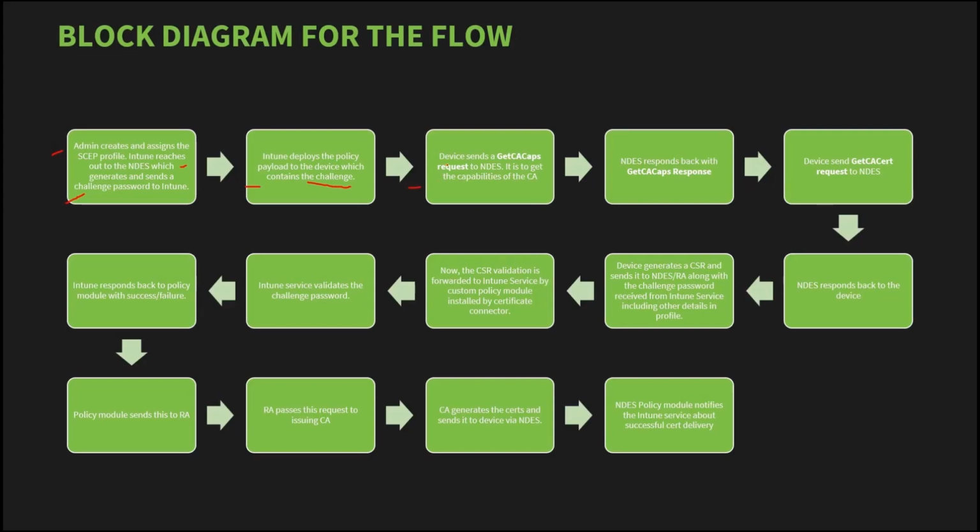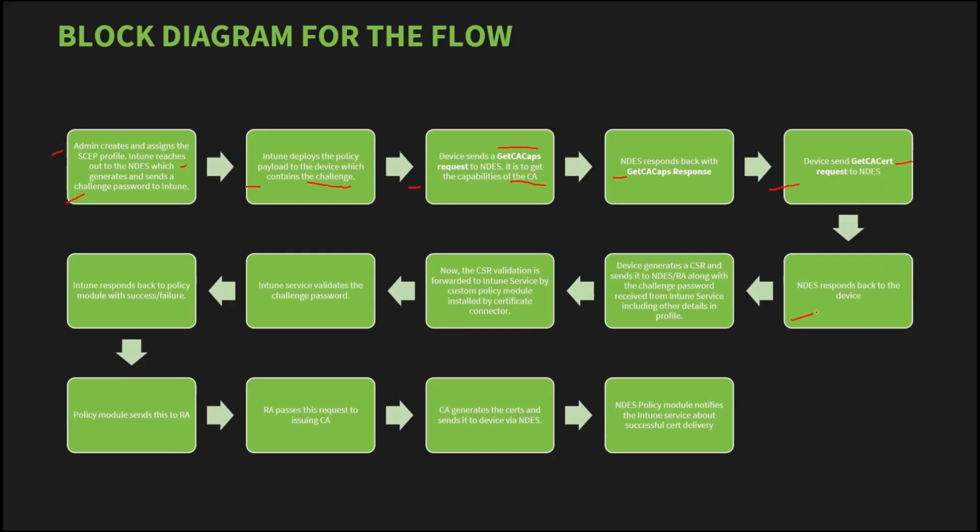The device gets the profile, and then the first thing that the device does is send a GetCACaps request to the SCEP URL which it received from the profile, and it's doing that to check the CA's capabilities. The NDES server responds with the CA's capabilities. Then the device does a GetCACert request in order to find the RA certificates of the CA.